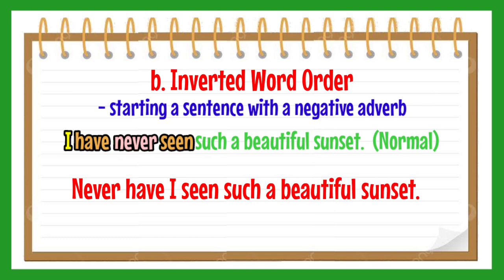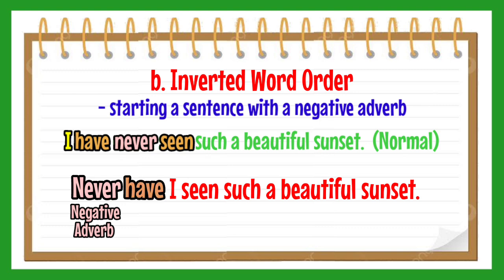As you can see, the negative adverb, which is never, is put first. Then the part of the verb or the auxiliary verb, which is have. And then the subject, which is I. Then the main verb or action verb, which is seen. And then the remaining words of the sentence.